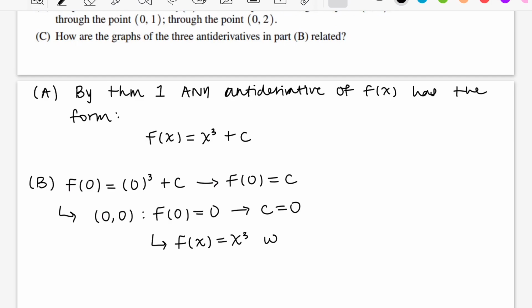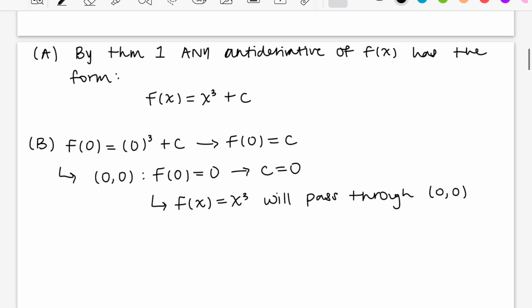So this tells us that this function will pass through this point here. Similarly, we want to look at this point here, 0, 1. We already know from above that f of 0 is going to be equal to c. And so plugging in 0 into our function, what we'll get here is c.